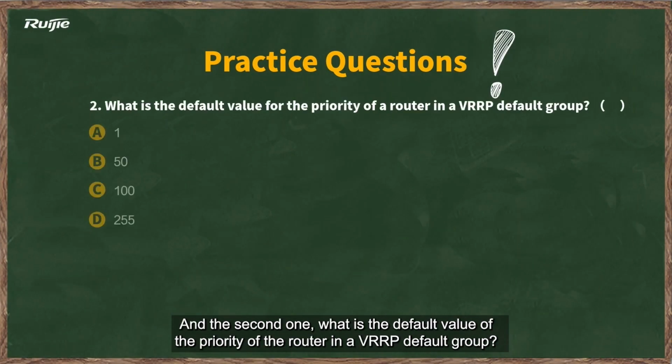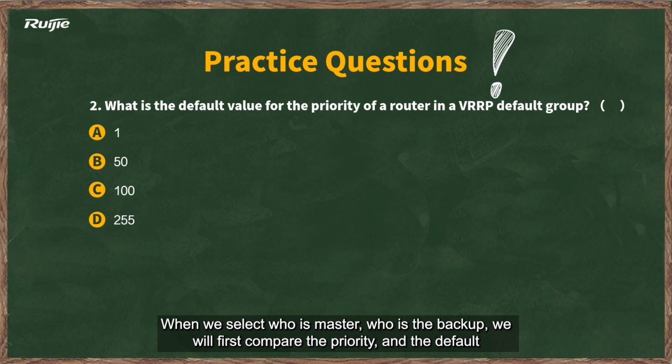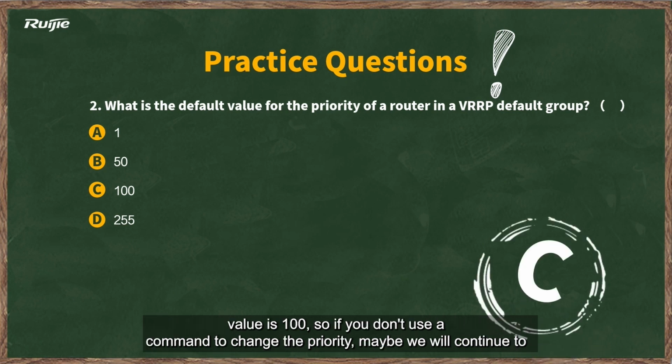And the second one: what is the default value of the priority of the router in a VRRP default group? When we select who is master and who is backup, we first compare the priority. The default value is 100.